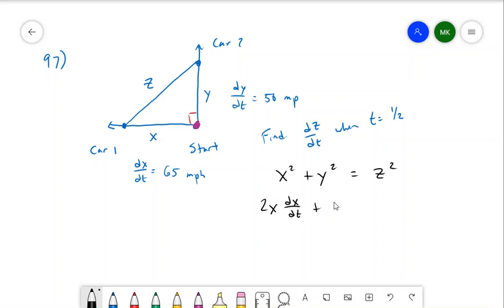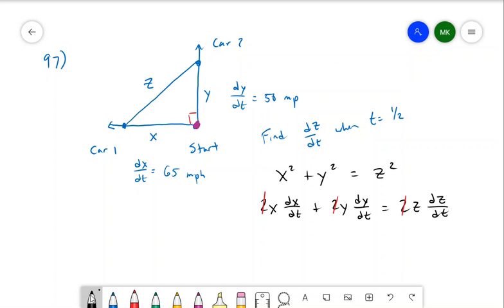The derivative of y squared is 2y, and you get a dy/dt. And the derivative of z squared is 2z, and you get a dz/dt. If you want, and you don't have to, you can divide everything by 2 and knock those 2's off. If you leave them in, you'll still get the right answer. It's just one extra number to work with.